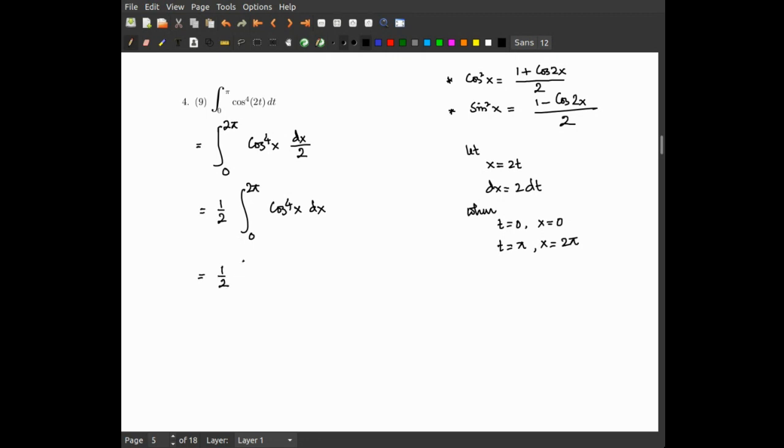So that means this would be half, from 0 to twice pi, cos to the power 4 x, which can be written as cos square x and then square again. So half, from 0 to 2 pi, cos square x can be written as (1 plus cos 2x) divided by 2, and the square is still outside.